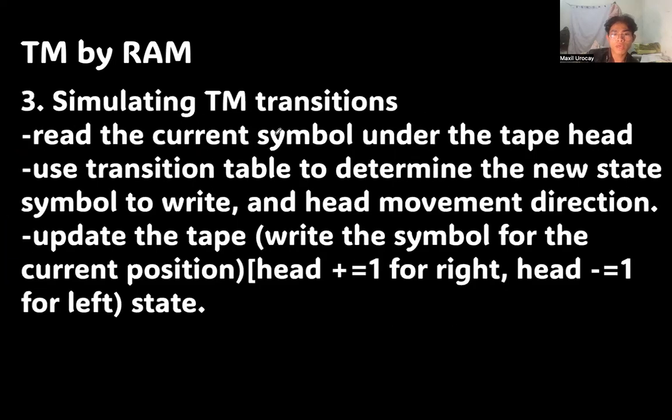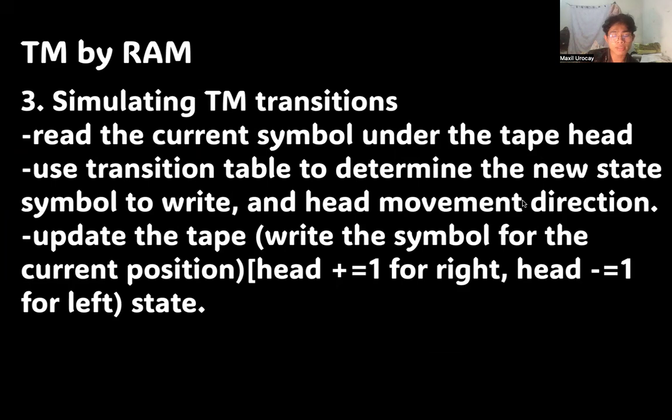Next, we are simulating the TM transition. We read the current symbol under the tape head. After that, we use the transition table to determine the new state, symbol to write, and head movement direction. We also update the tape, where we first write the symbol at the current position.